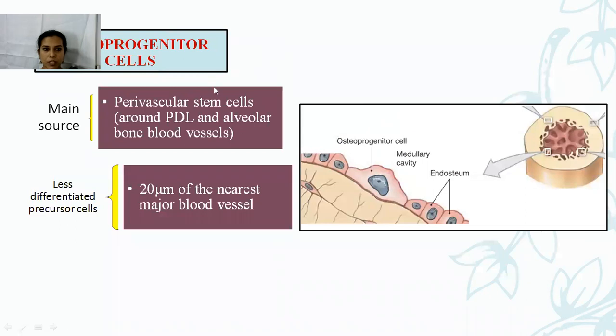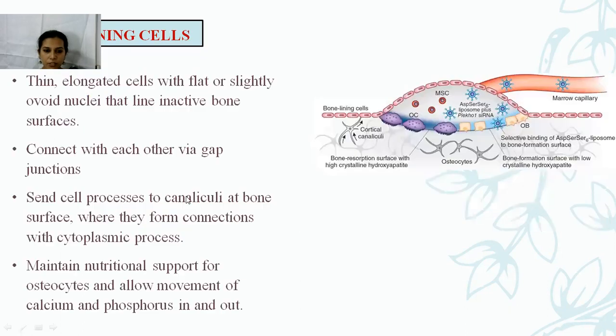So what are osteoprogenitor cells? These are present in the perivascular stem cells, within 20 micron of the nearest major vessel. They are the least differentiated cells. Then there are the bone lining cells, thin elongated cells with flat or slightly ovoid nuclei that line inactive bone surfaces.